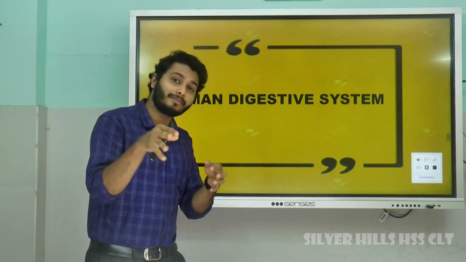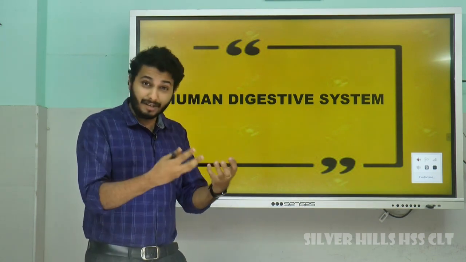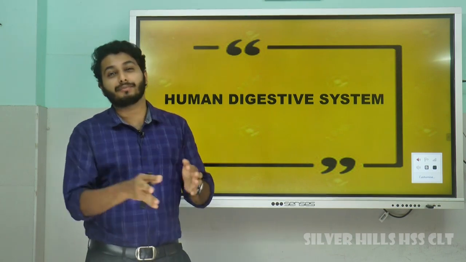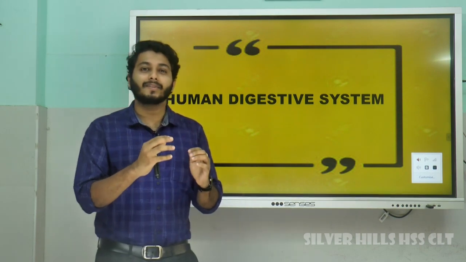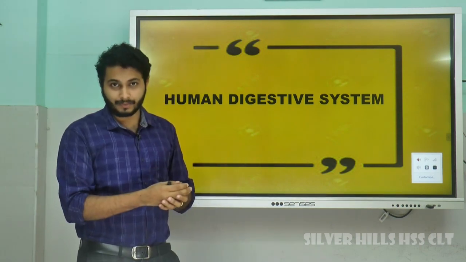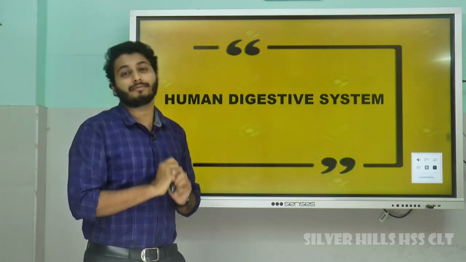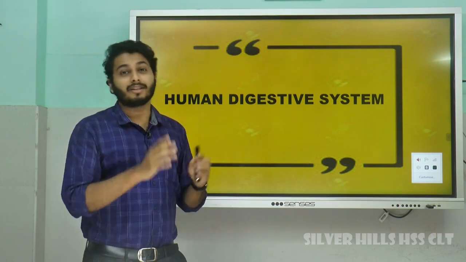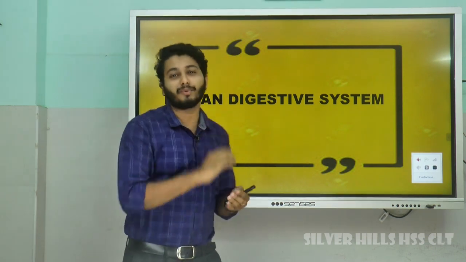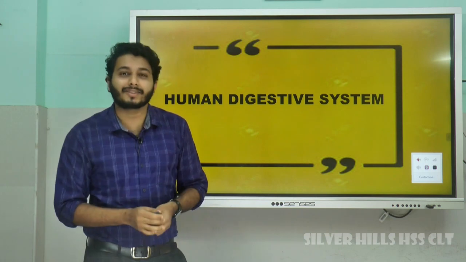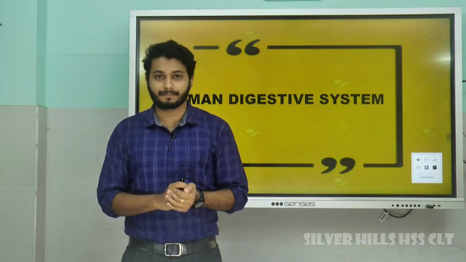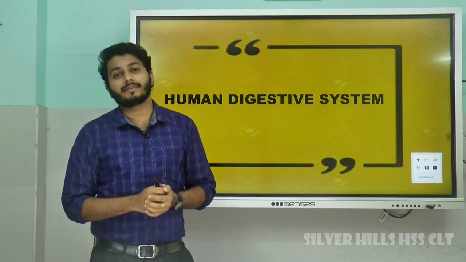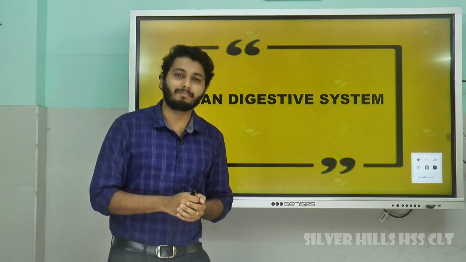After the process of digestion, excretory waste is formed inside the body of the hydra, and that excretory waste is removed through the same aperture through which the food came into the body. Such a type of digestive system is called what? Incomplete digestive system.